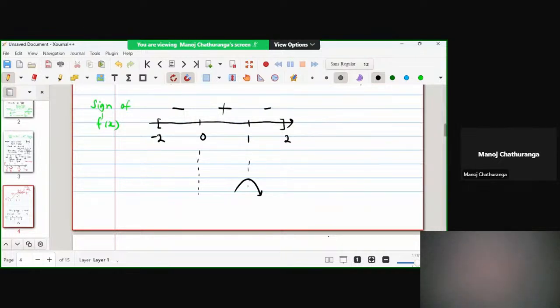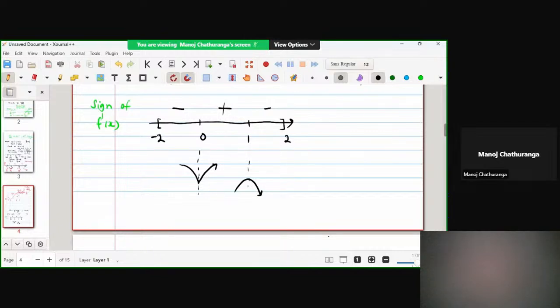Before 0, the derivative is negative, the function is decreasing. And after 0, the function is increasing. I guess it should look something like this. Decreasing, then an undefined point of the derivative, then increasing.